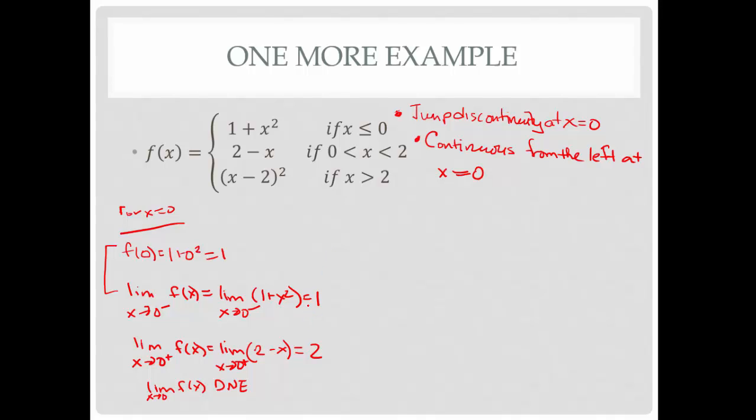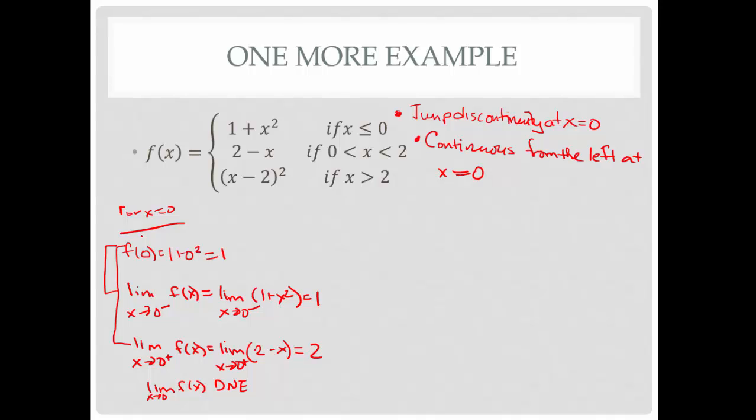Once we know it's continuous from the left, you can check if it's continuous from the right by comparing the right-hand limit at 0 to f of 0, but they are definitely going to be different. Ask yourself this question. If you know a function has a discontinuity at, say, 0, is it possible for it to be continuous from both the left and the right at 0?